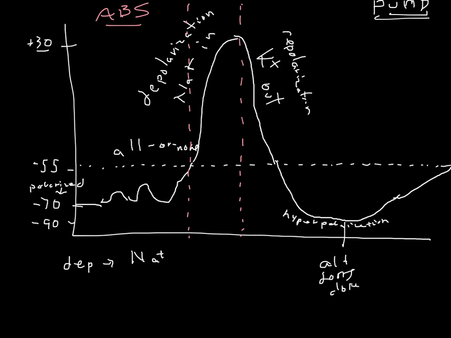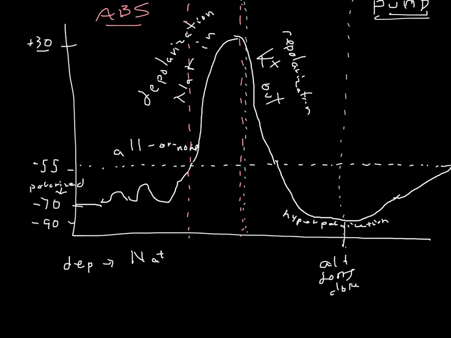Then, as soon as they open, recall that the sodium doors begin to close rather quickly. Once the sodium doors are closed, you can trigger them to open up again prematurely, but it's harder to do so because in this phase, from the time those sodium doors are closed until where we said all the doors are closed about here, the potassium doors are open.